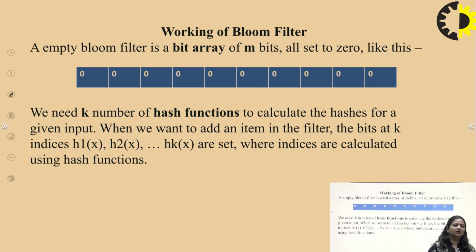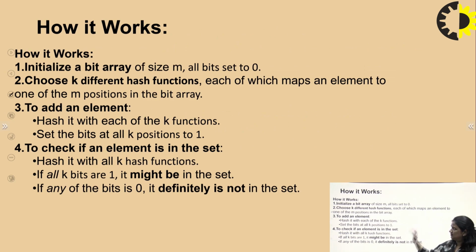We need k hash functions, say 2, 3, or 4 hash functions, and then hash the value with them. Then we apply the insert or lookup operation. This is a simple algorithm for how the Bloom filter works.